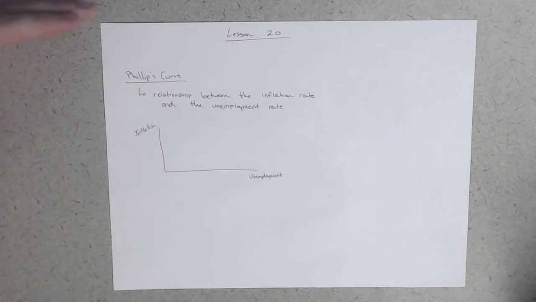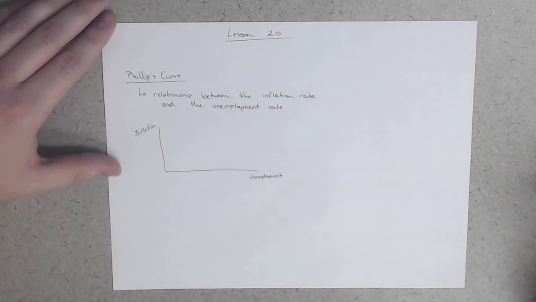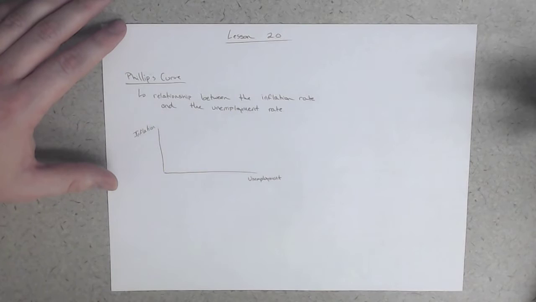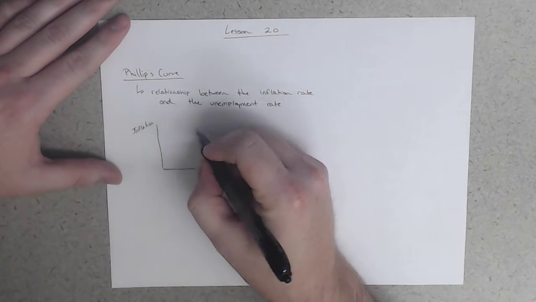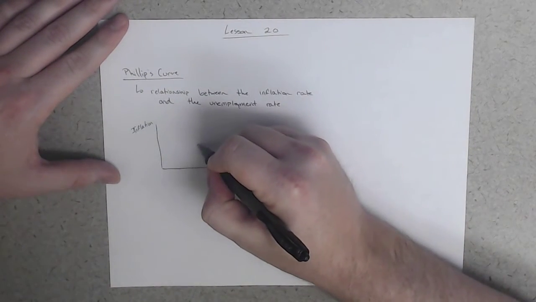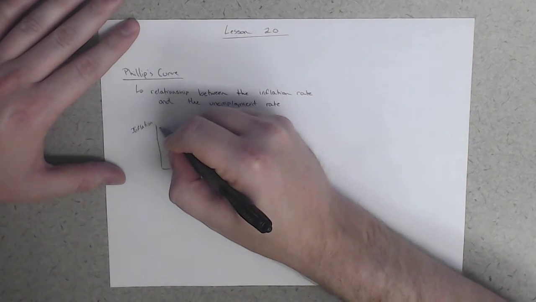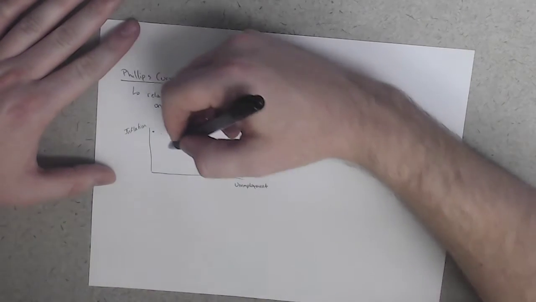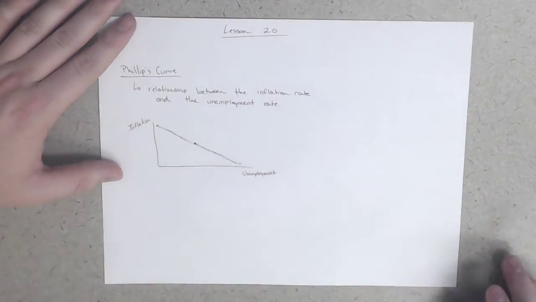The basic idea here is that if you increase the inflation rate, which, as we're going to see, is essentially the same as expansionary monetary policy, then the unemployment rate will decrease. So if I start here and increase the inflation rate, I will decrease the unemployment rate. And if I decrease the inflation rate, I will increase the unemployment rate. And so that gets us a line that looks something like that.